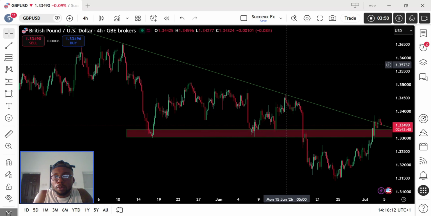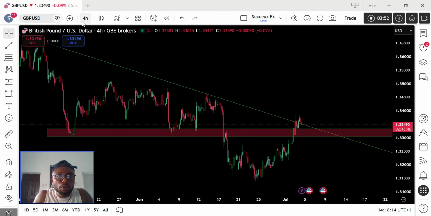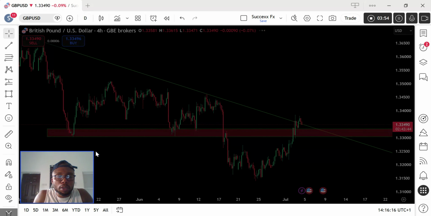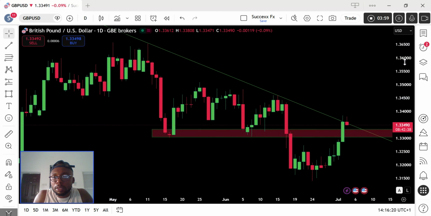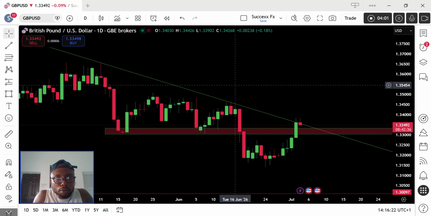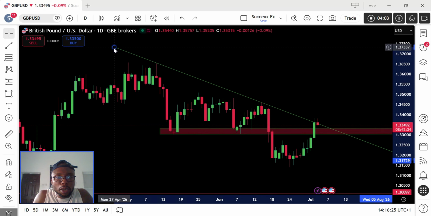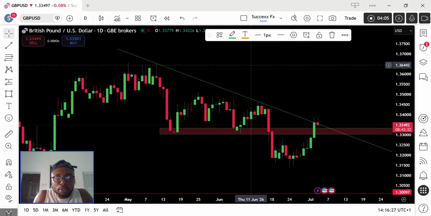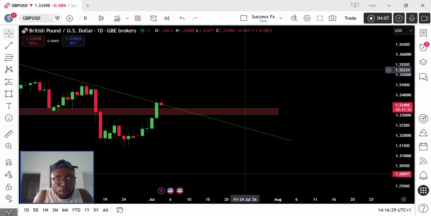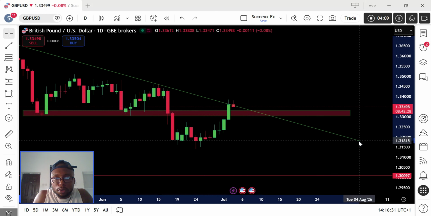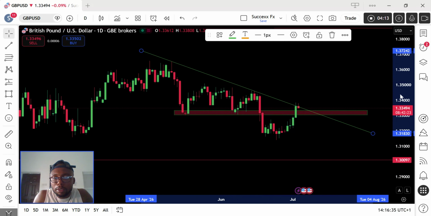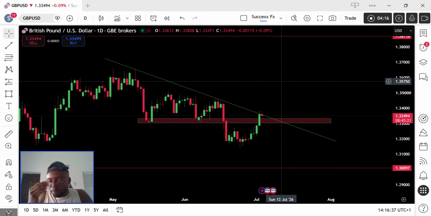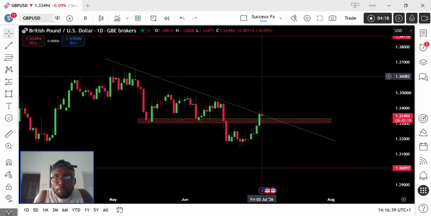So if you see what happened, first and foremost, if you go to the daily time frame, you see that the daily candle, I don't want to be too technical, but the daily candle has closed somewhat. Well, no, the daily candle did not close basically above it.